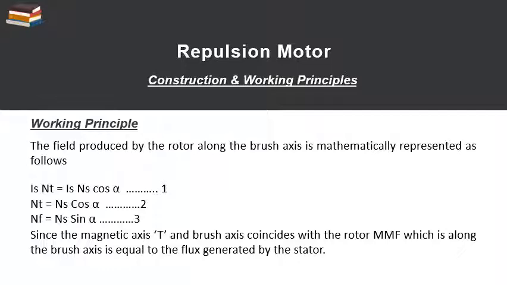Is into Nt is equal to Is into Ns into cos alpha, equation 1. So Nt is equal to Ns into cos alpha, this is equation number 2. And Nf is equal to Ns into sin alpha, this is equation number 3. Since the magnetic axis T and the brush axis coincide, the rotor MMF, which is along the brush axis, is equal to the flux generated by the stator.